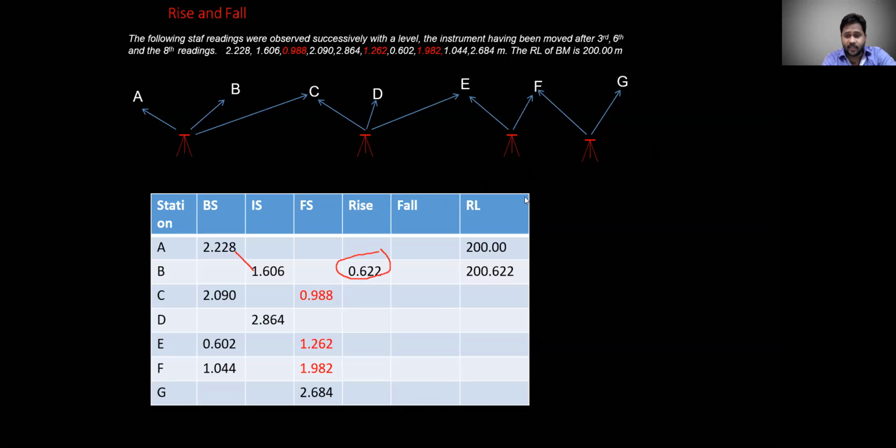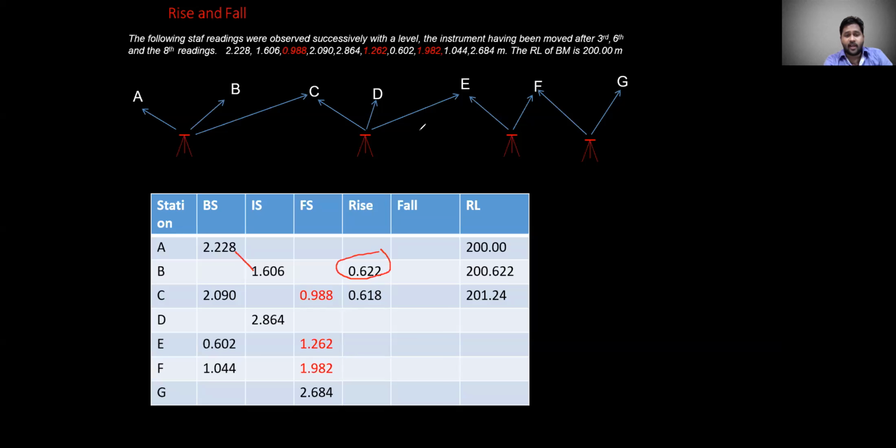Again, if I want to do the same thing, how are you getting this value, 0.618? By subtracting this from this, that is the foresight from the intermediate sight.